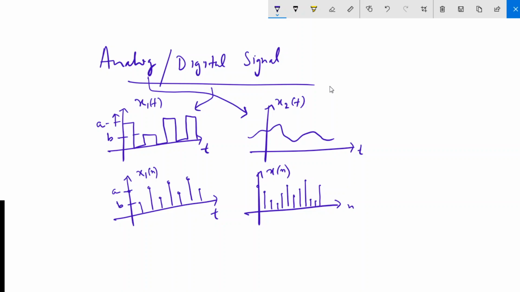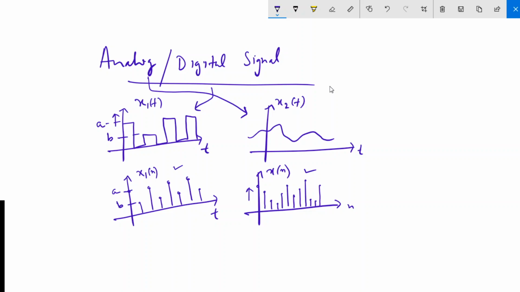But in this case, again, the amplitude of the signal changes randomly, it can take any random value. So this is again an analog signal, this is again a digital signal.